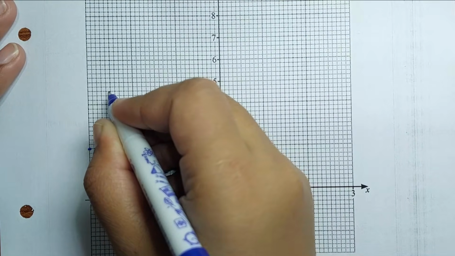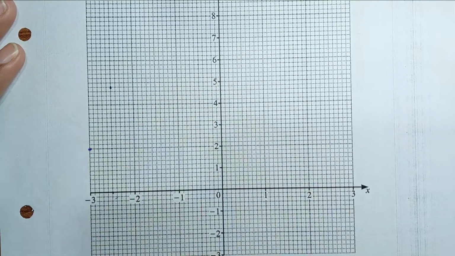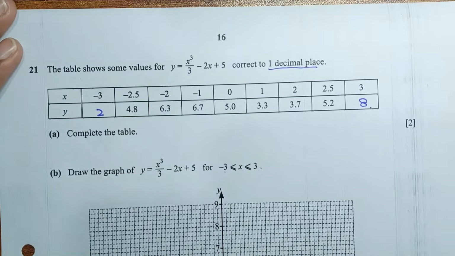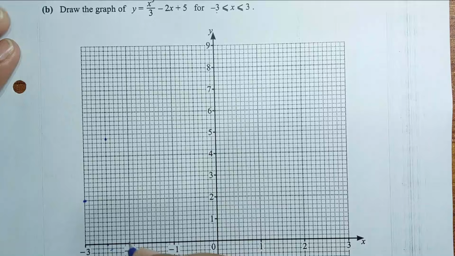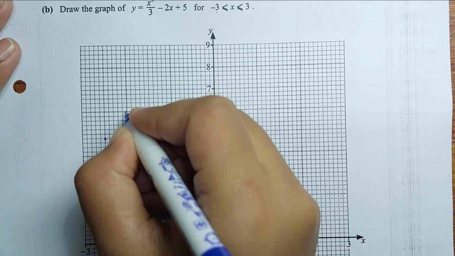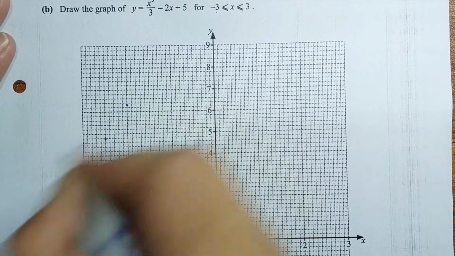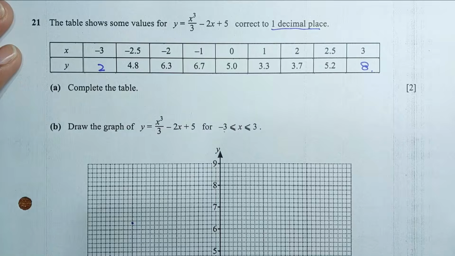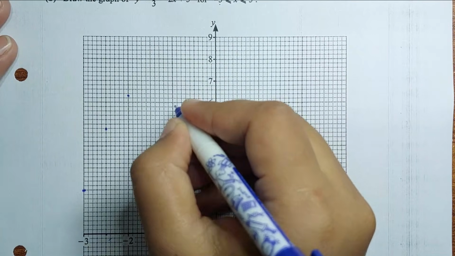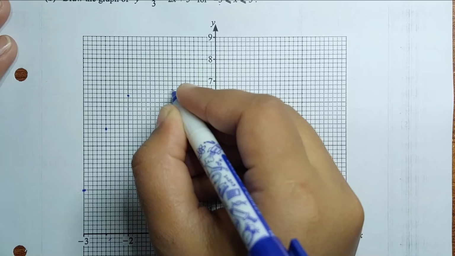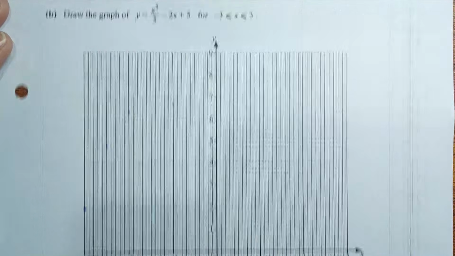This is 4.8, right? The next is -2 and 6.3. At -2, we have 6.3. And then -1, 6.7, we have a line at -1, and 6.7.